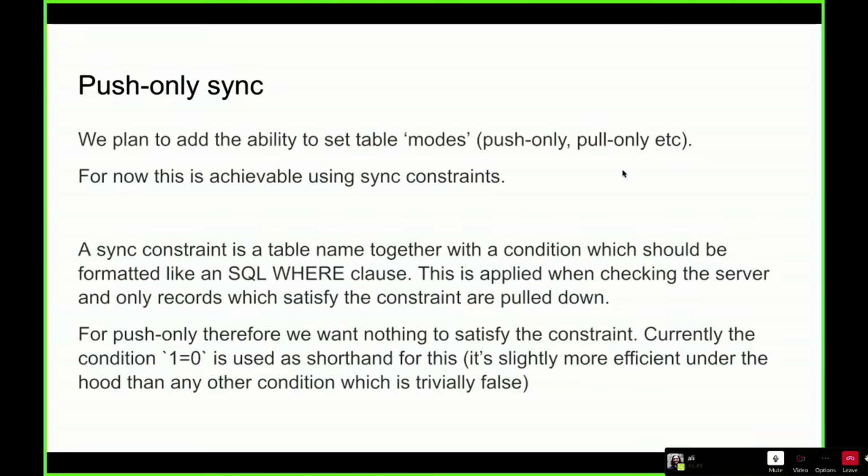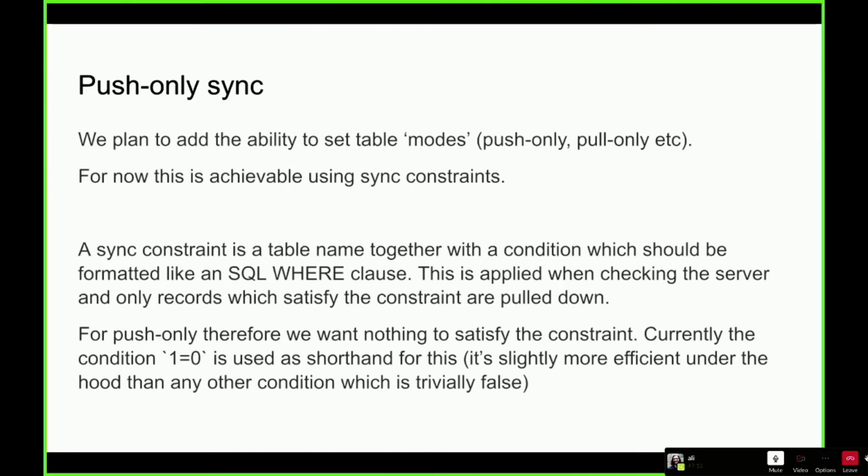So a sync constraint, as I said before, is a condition that is formatted like an SQL where clause. This is applied when checking the server, and only records that satisfy the constraint are pulled down. So for push only, which we want for this app, we just want nothing to satisfy the constraint.